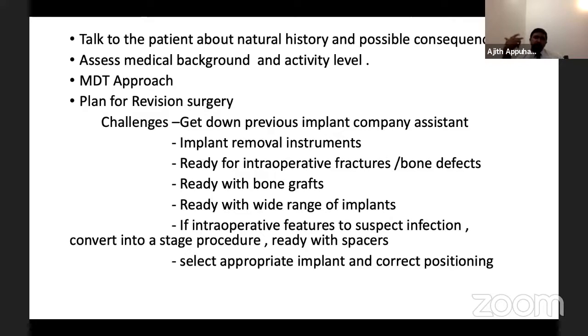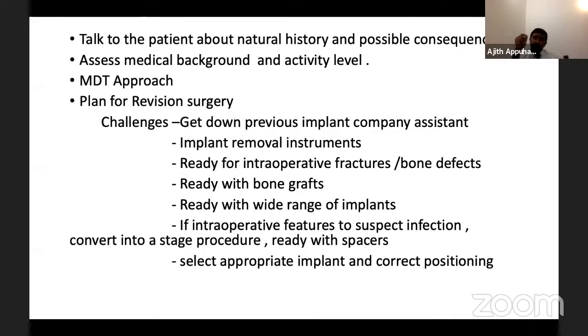Be ready for intraoperative fracture, which is very possible because the bones are very thin. Bone defects are more liable to fracture, so be ready for intraoperative fracture management. Be ready with bone graft, a wide range of implants, prosthesis fixation, cables. Be ready with everything.